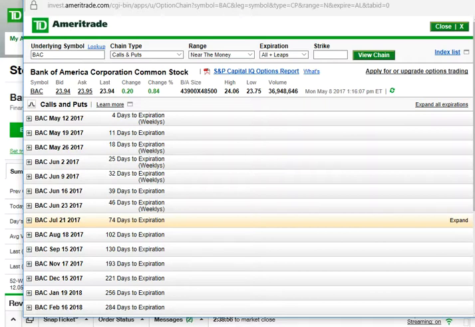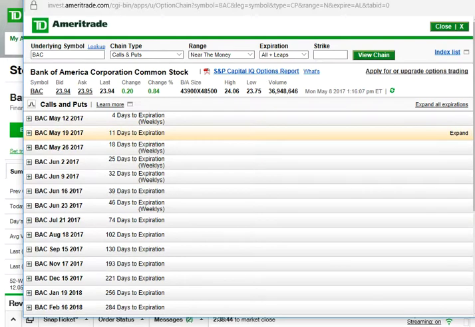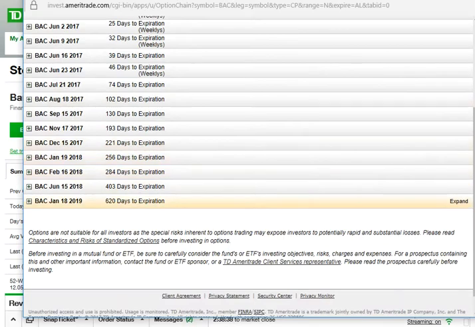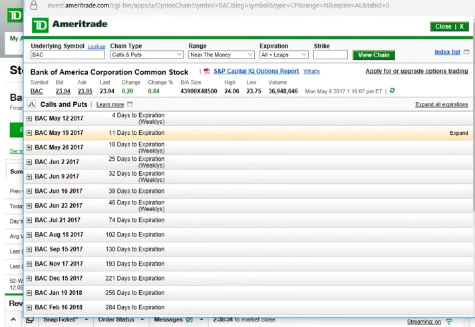Because there's a greater chance that you're going to die in 15 years than in 10 years. And with stock options, there is a greater chance that the option will expire out of the money in 11 days versus expiring out of the money in 620 days. And that's the next point I want to go over.